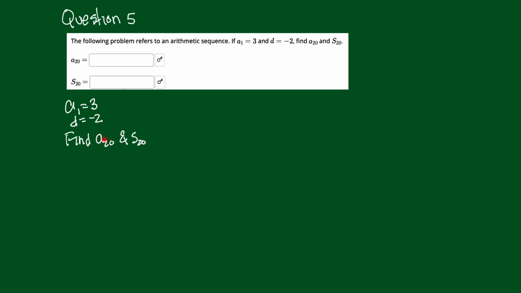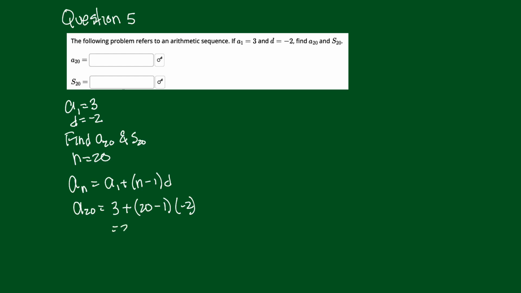Let's find the 20th term. So we have that n is equal to 20, and now our formula for the nth term is this. a sub n, the nth term, is a1 plus the quantity n minus 1 times d, the common difference. So we're going to have a sub 20 is a1, which is 3, plus n, which is 20, minus 1 times the common difference, negative 2.